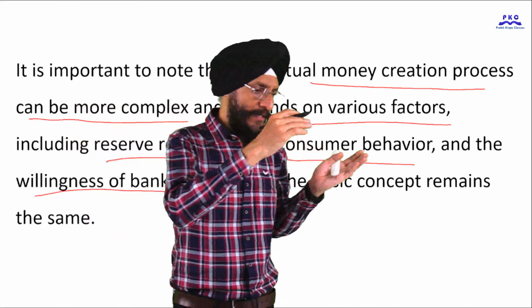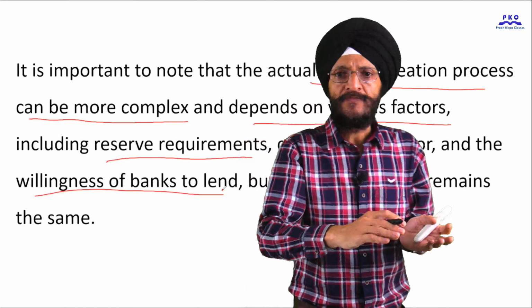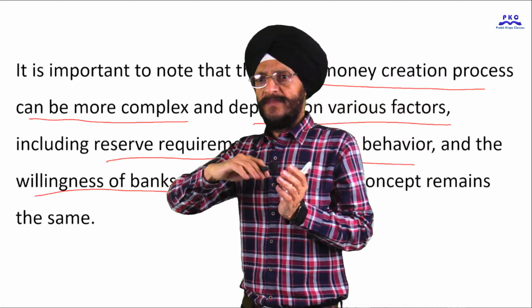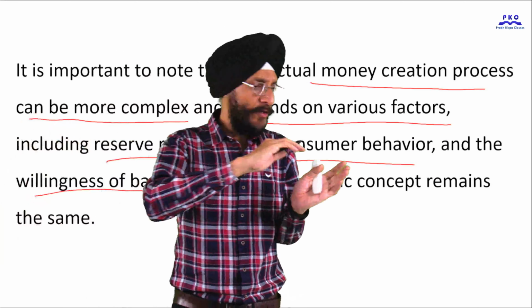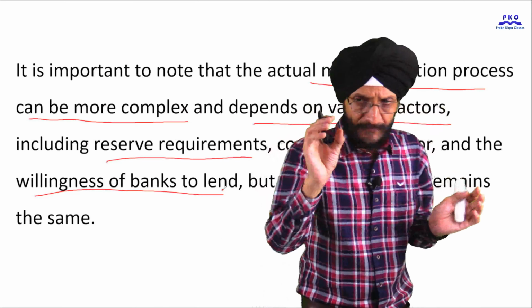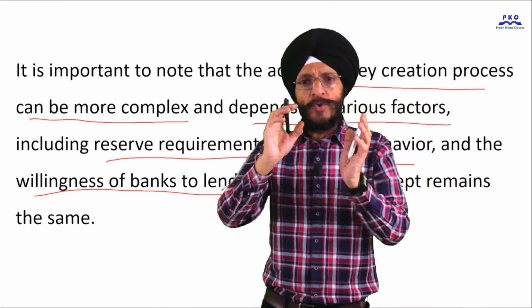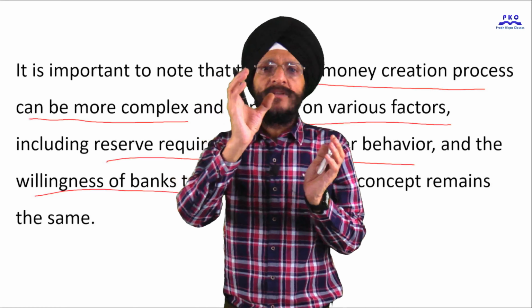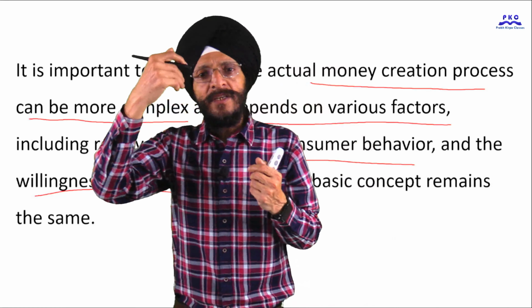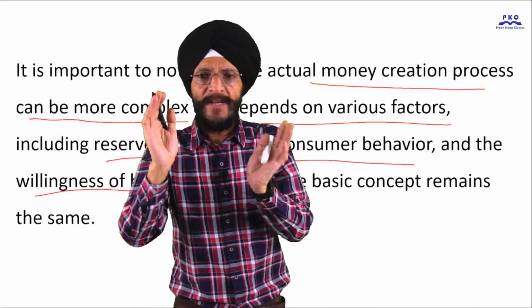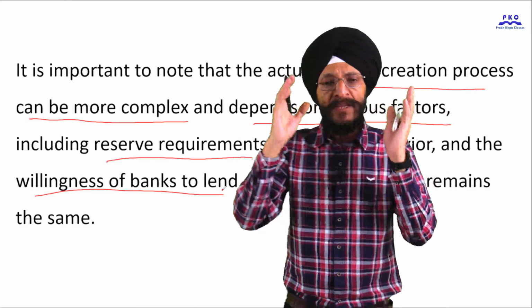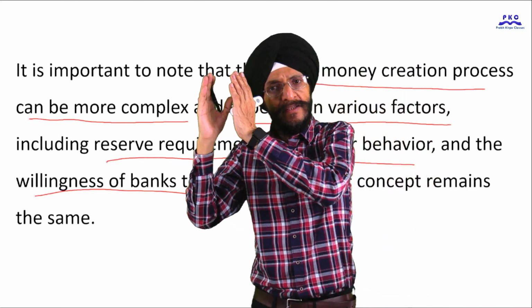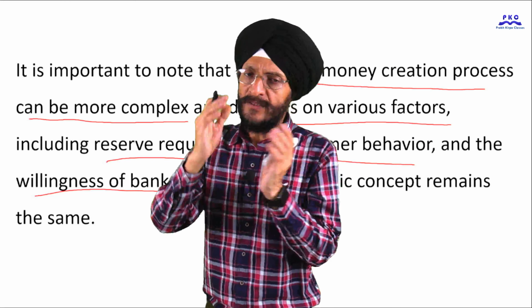So if the management of the banks thinks that they should not give much loan or should use various techniques to ensure that their loans do not get swindled by unscrupulous persons, they may decide to give loans only after proper verification.